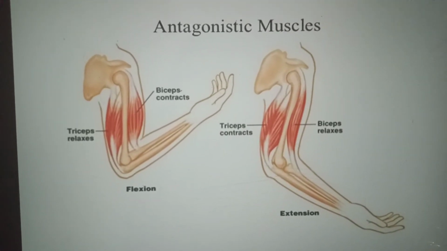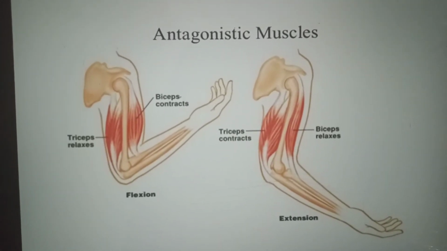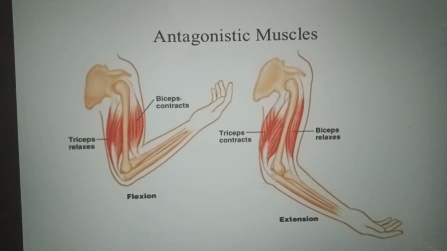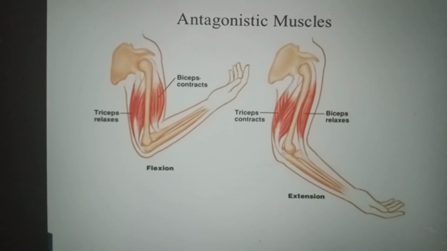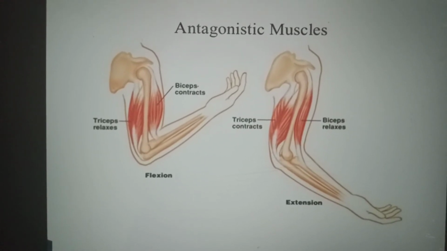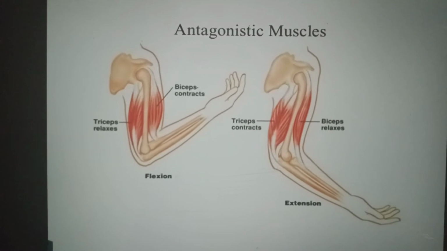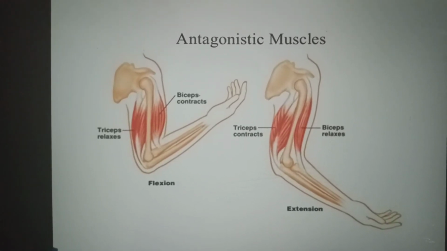And in another example, there is extension. Biceps relaxes and triceps contracts. When a muscle contracts and straightens the joint, it is known as an extensor. The muscle will be an extensor and the movement is called extension.